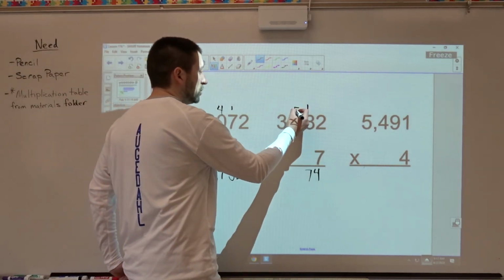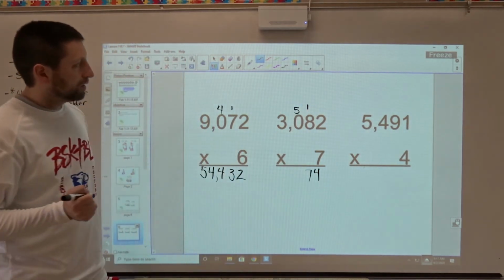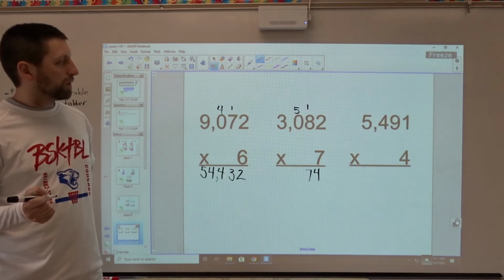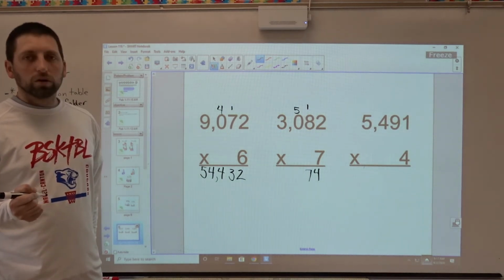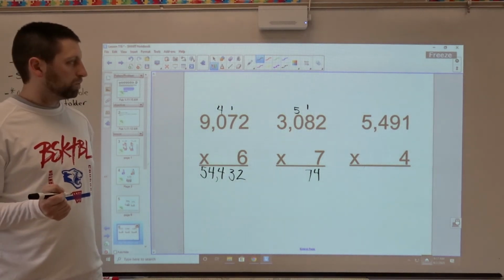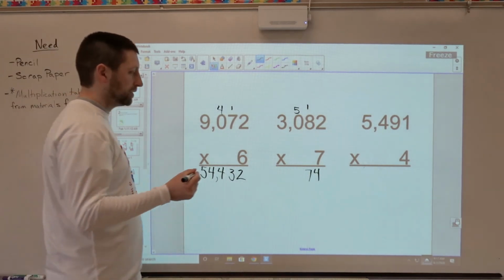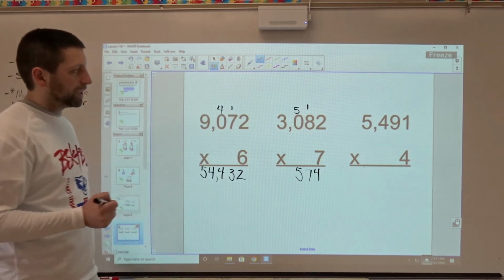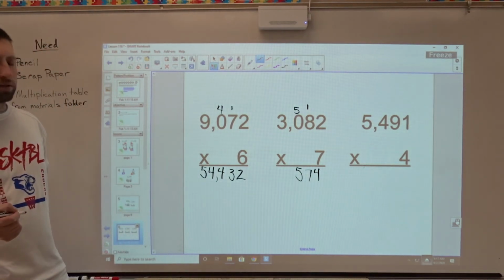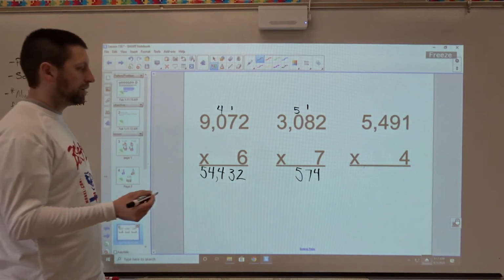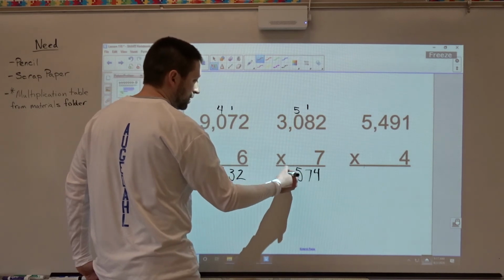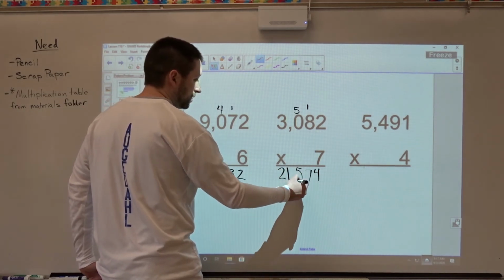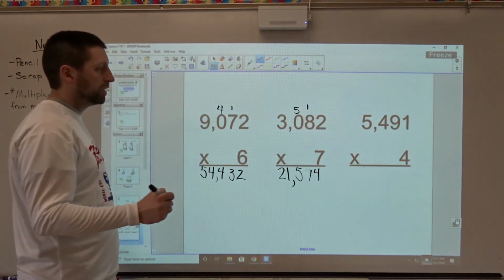Don't forget to move the tens over one spot. 0 times 7 is 0. But then I have 5 to add to that, so 0 plus 5 is 5. And then the last spot for the thousands, 3 times 7 is 21. 21,574.